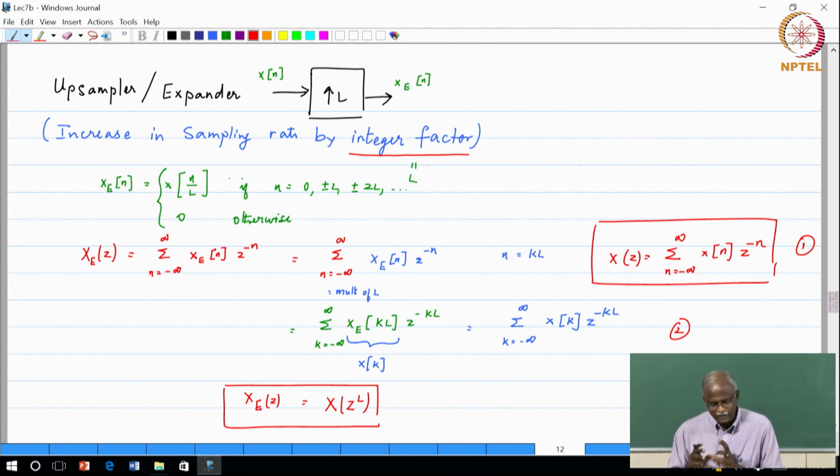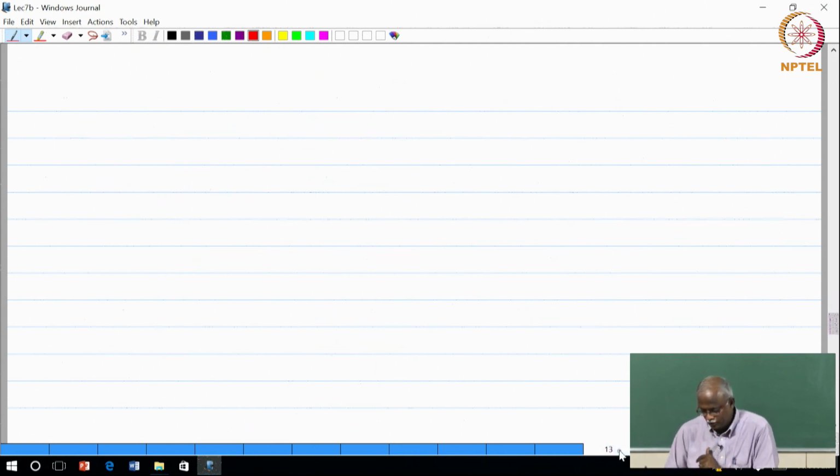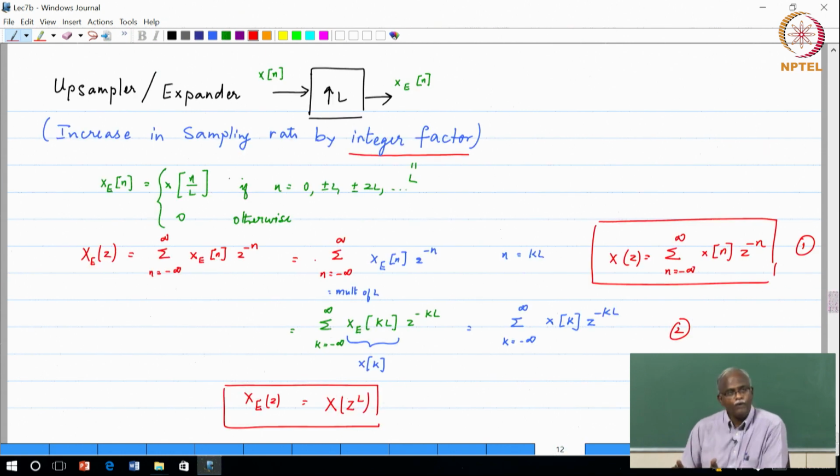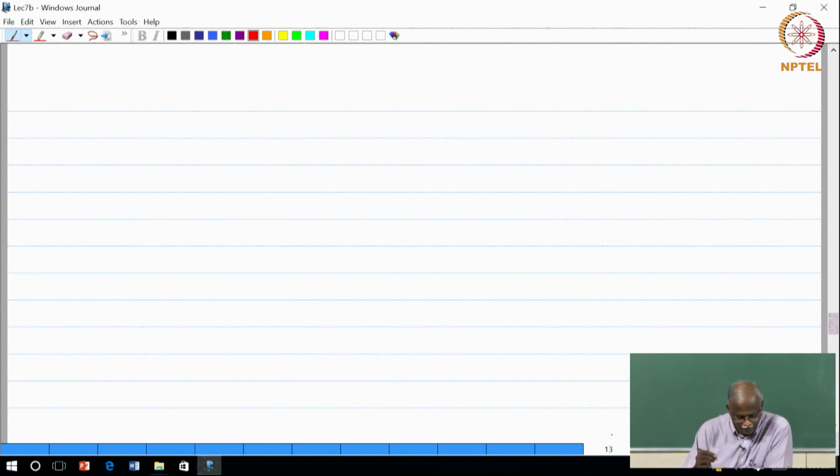It actually gives us a tremendous amount of tools and insight to work with. That is what we would like to focus on and build up. I hope this is a straightforward derivation, I am sure you would have done it previously, but the insights are very important. So the expression is that Xe of z is equal to X of z power L.